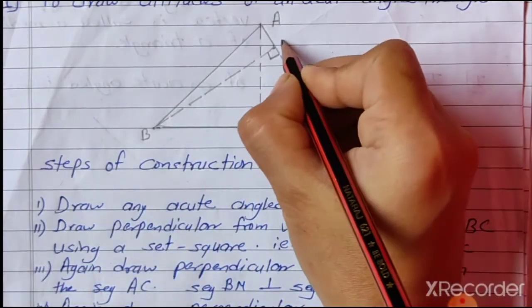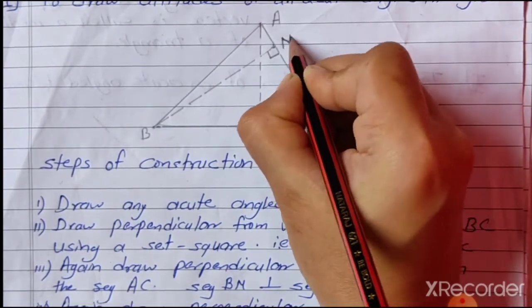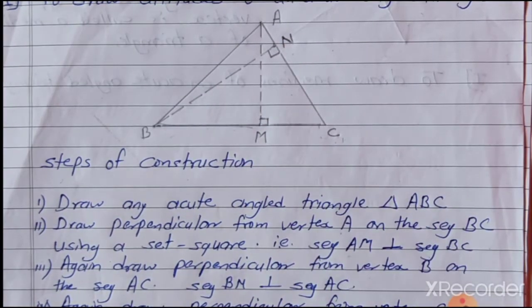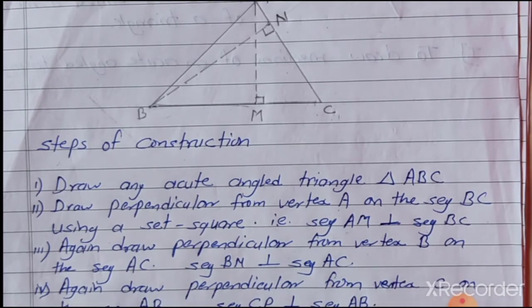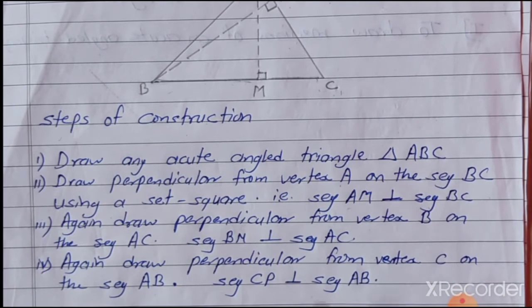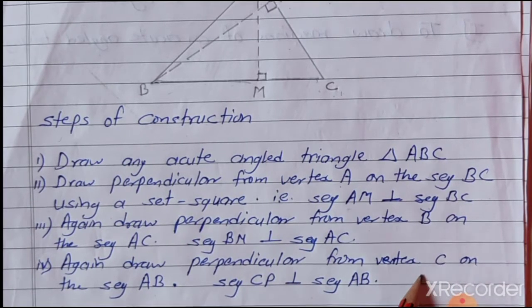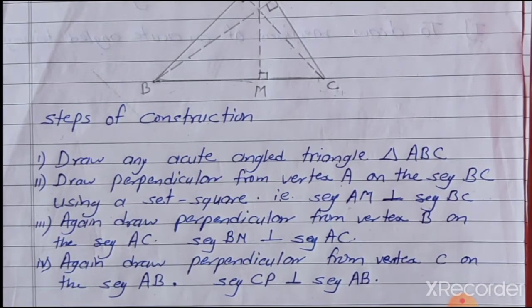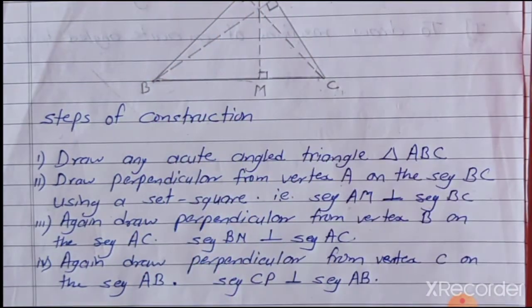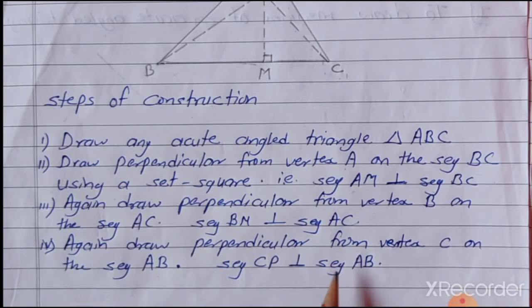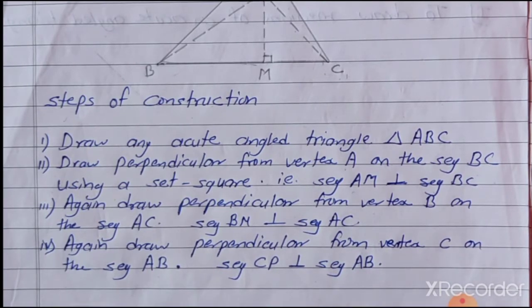Name it, suppose, segment BN. It is perpendicular to segment AC. Again draw the next perpendicular from point C, and name this altitude, suppose, CP. So this segment CP is perpendicular to segment AB.